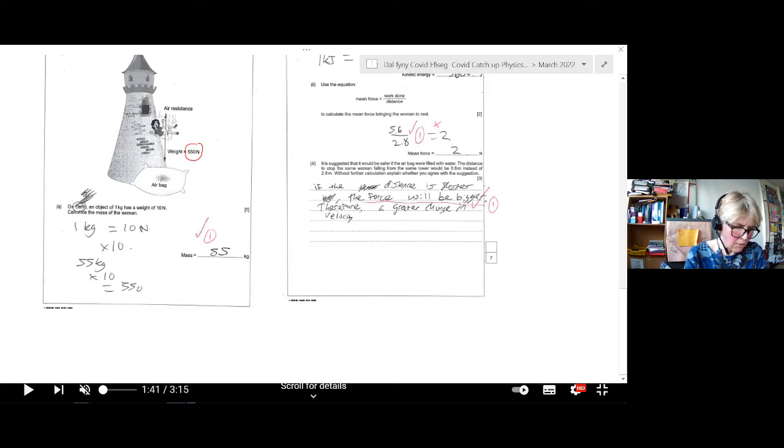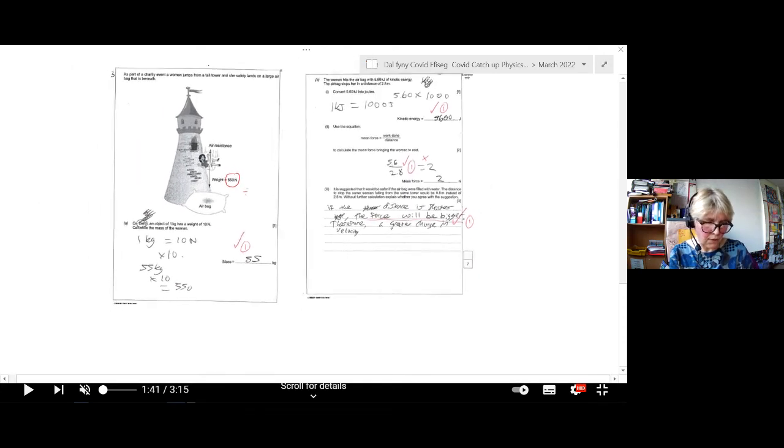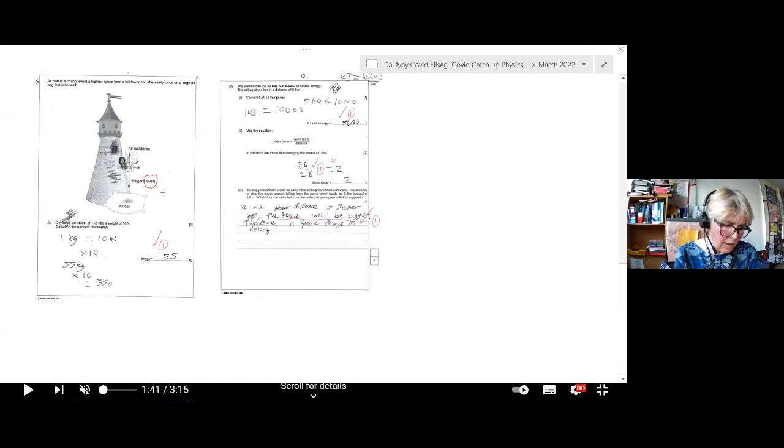1 kilogram weighs 10 newtons, so you've got to divide by 10 to get your mass, and this person has successfully done that. And then the woman hits the airbag with 5.6 kilojoules of kinetic energy. The airbag stops her in a distance of 2.8. So again, that is 5.6 kilojoules converted into joules, and all you have to do is times it by 1,000.